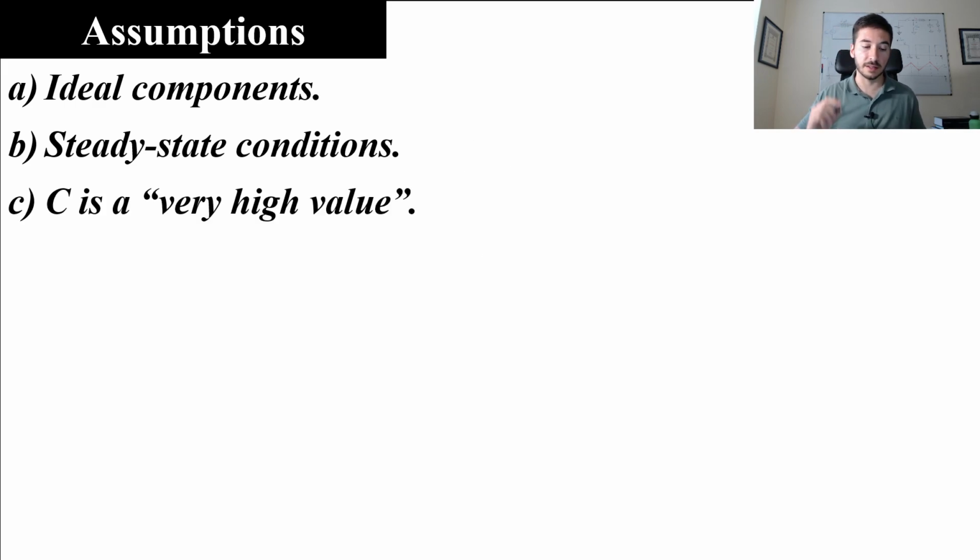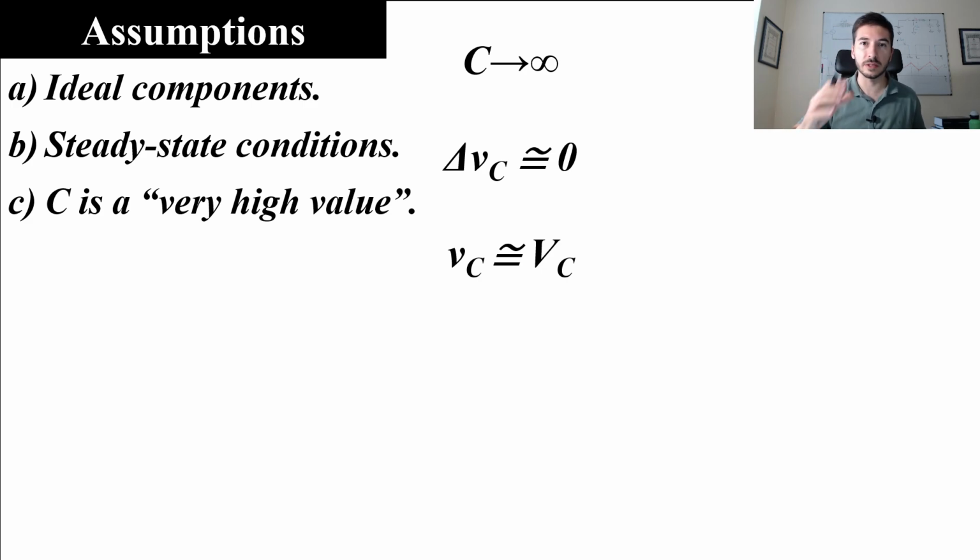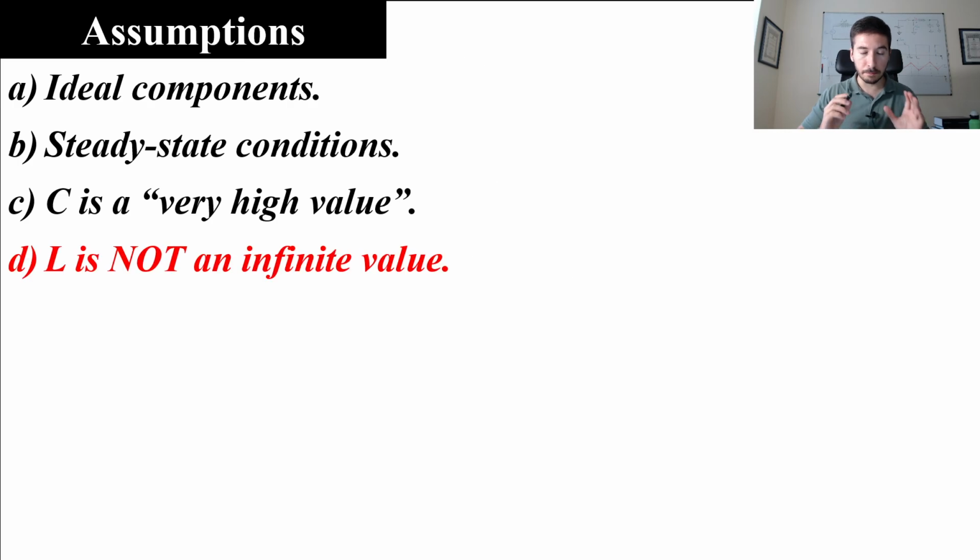Third condition is the capacitance of our capacitor is very large. It means that the voltage ripple across the capacitor is zero, and we consider as a consequence that the voltage across capacitor is constant.